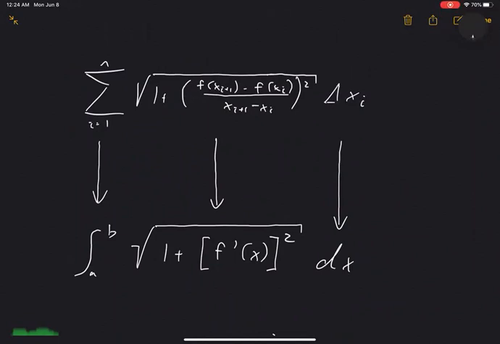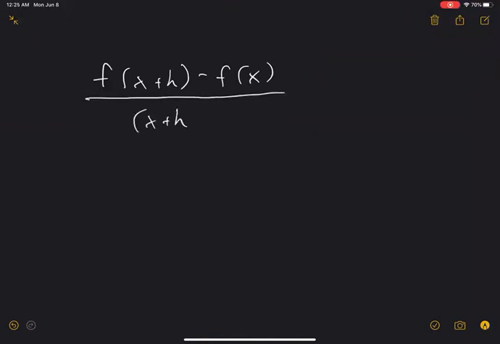What happens inside the square root? Let's examine this term pretty closely, and forget about the square for a second. Just think of f of xi plus 1 minus f of xi over xi plus 1 minus xi. First, ask yourself if this looks familiar.